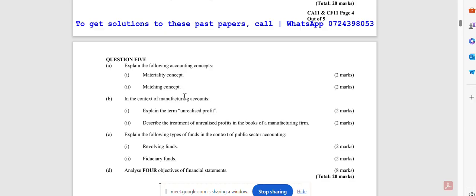Okay, so this particular fund, revolving fund, this is where money is recycled back to that fund after it has been used. So you are given money through GAV, you are required to use it. Once you use it, they recycle it.